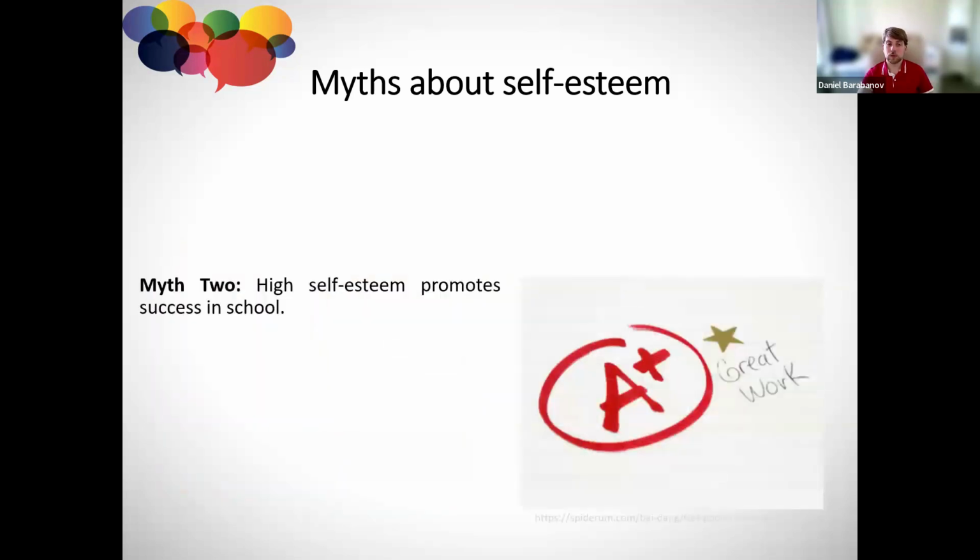Myth number two: self-esteem promotes success in school. For a long period of time, it actually was a common misconception about self-esteem, and many school systems included a lot of rewards for children without any regard to their performance, right? So you get golden stars and points and praise without doing any homework or showing any skills and knowledge.